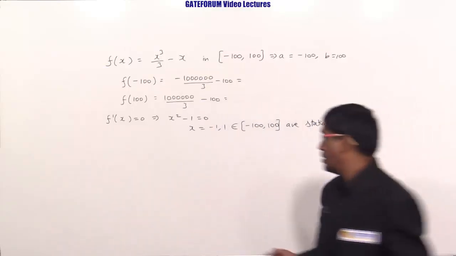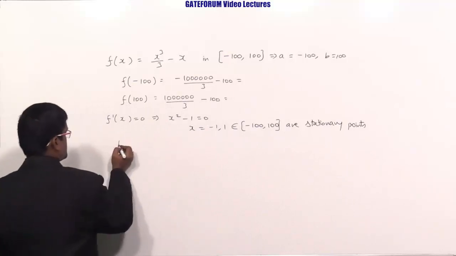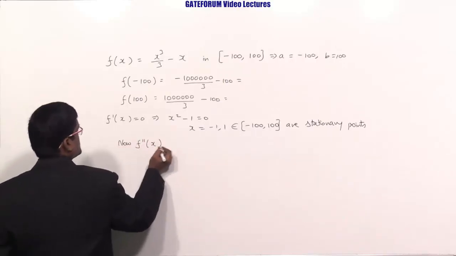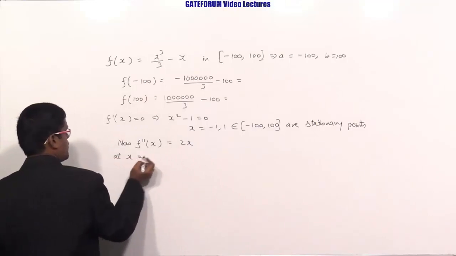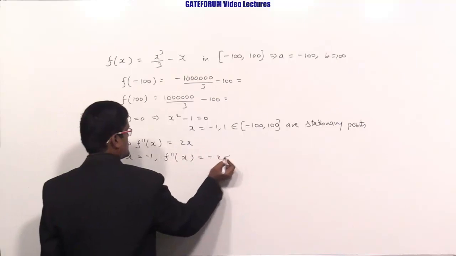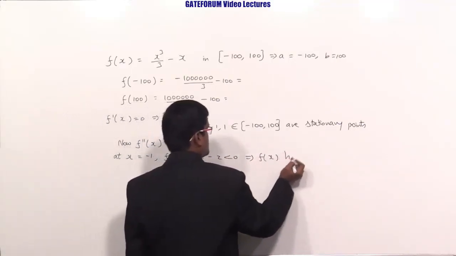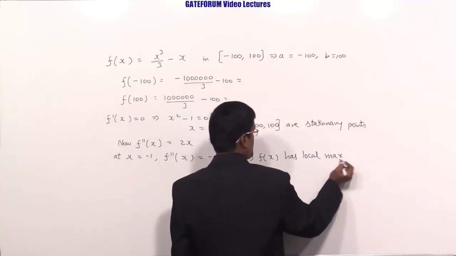Now in both cases you have to find f of minus 1 and f of 1. f double dash x is equal to 2x. So at x is equal to minus 1, f double dash x is minus 2, less than 0, which gives f of x has a local maximum, since second derivative less than 0 means local maximum.